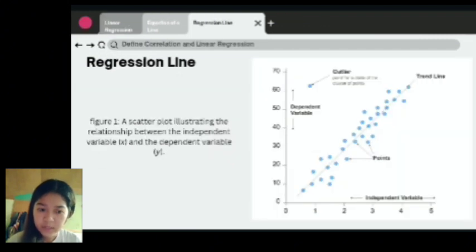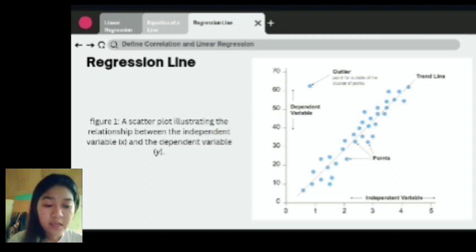So again, the regression line is a straight line that best fits the data points in a scatter plot. It represents the relationship between two variables.